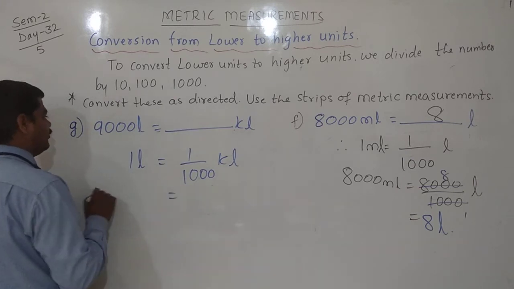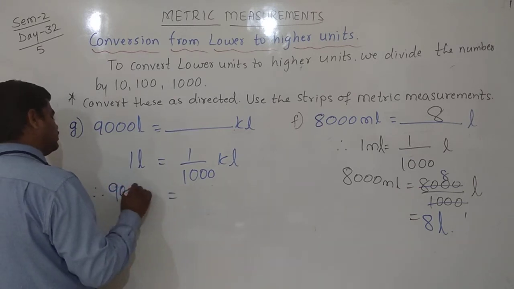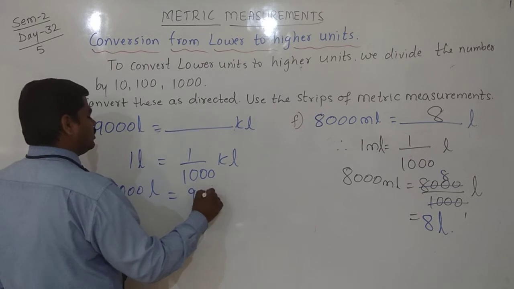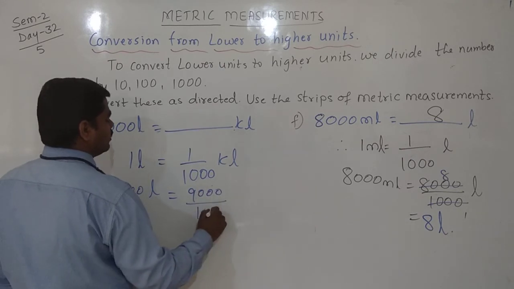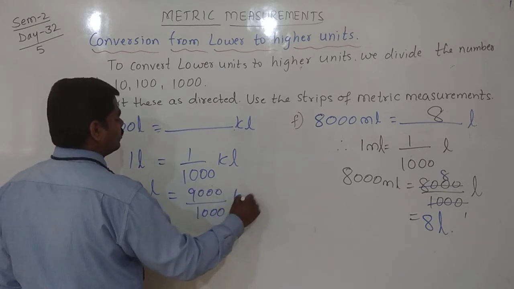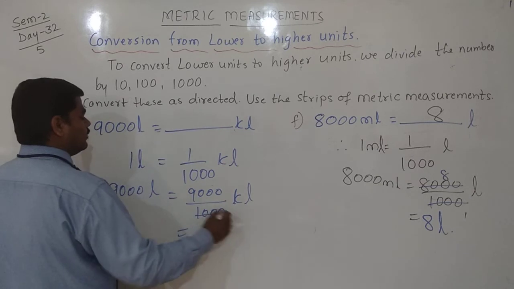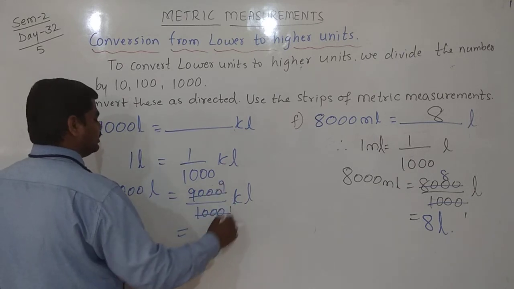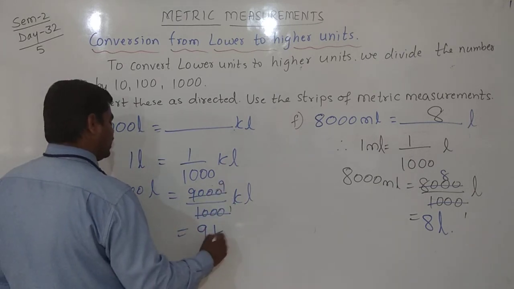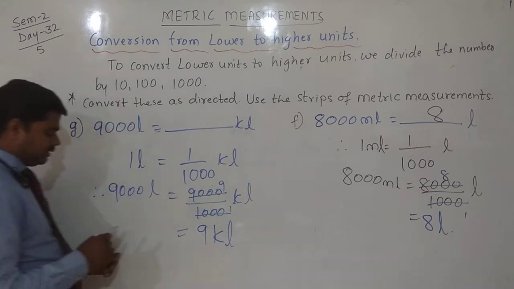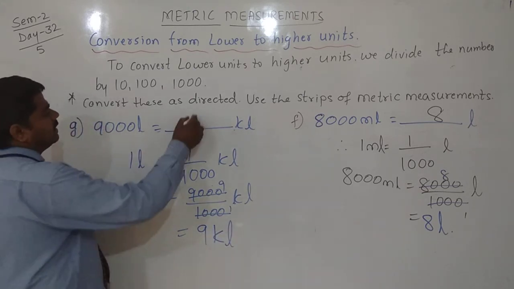Therefore 9000 liter is equals to 9000 by 1000 kiloliter. We can write 9 kiloliter is the answer.